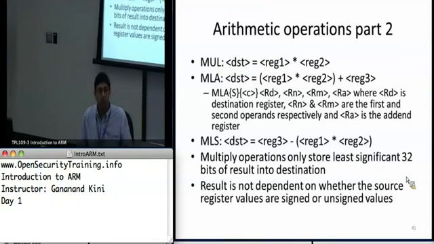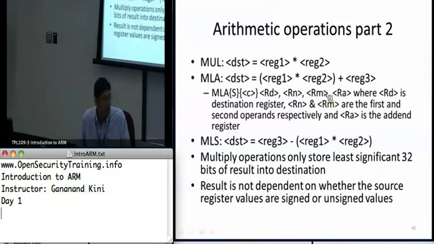So the next thing we'll go into is the multiply operations. So multiply takes two registers, multiplies them, and stores it into the destination register. Then there's something called multiply with add, where it takes three registers along with the destination, where it multiplies the first two and adds the third one and stores it into the destination register.